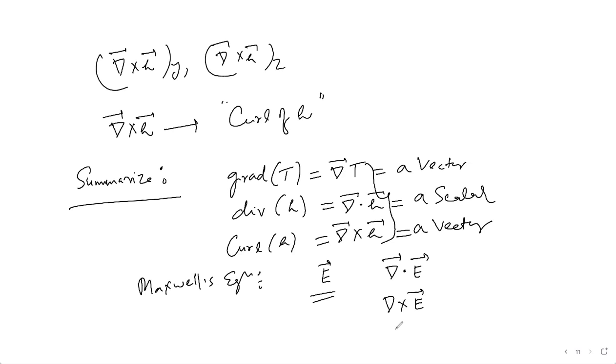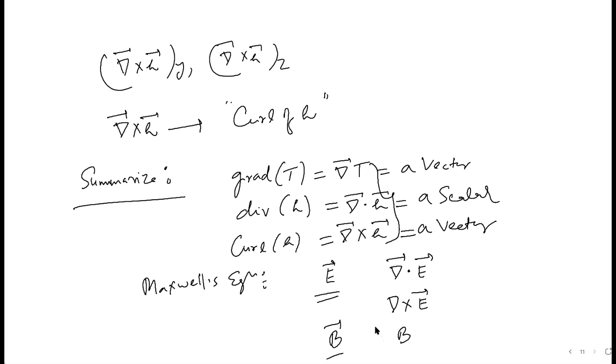Similarly, you will have a magnetic field, then you can again have a cross operation with this field, something like this. What are these things? That you figure it out. Homework.